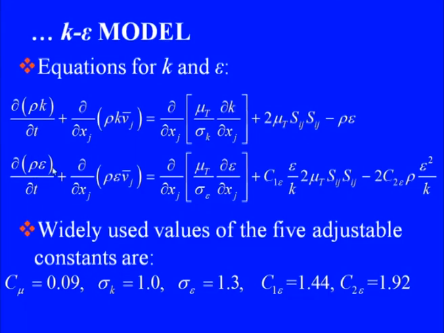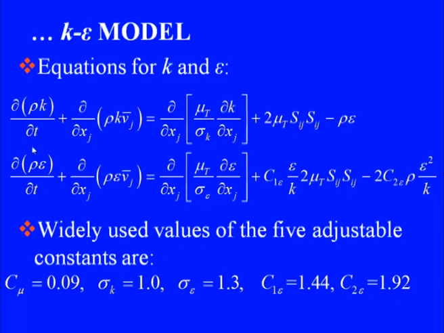Similarly, next is the transport equation for epsilon: del by del t of rho epsilon plus del over del xj of rho epsilon Vj bar is equal to del over del xj of mu t divided by sigma epsilon del epsilon over del xj plus C1 epsilon by k times 2 mu t Sij Sij minus C2 epsilon rho epsilon squared by k.